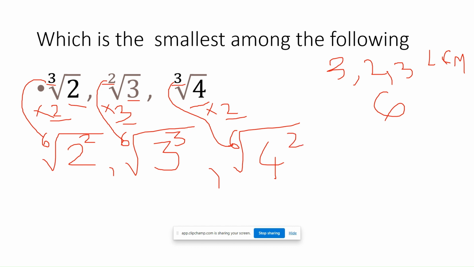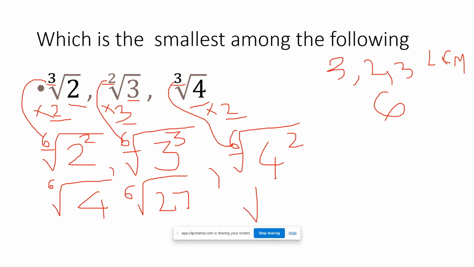Now you have all the same powers, here also 6, 6 and 6. Now you write down what is 2 power 2. 2 power 2 is nothing but 4. Next, what is 3 power 3? It is 27.